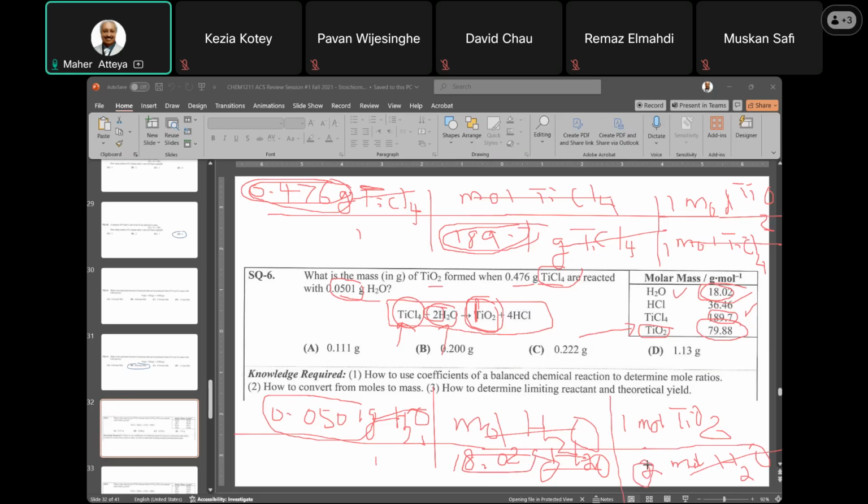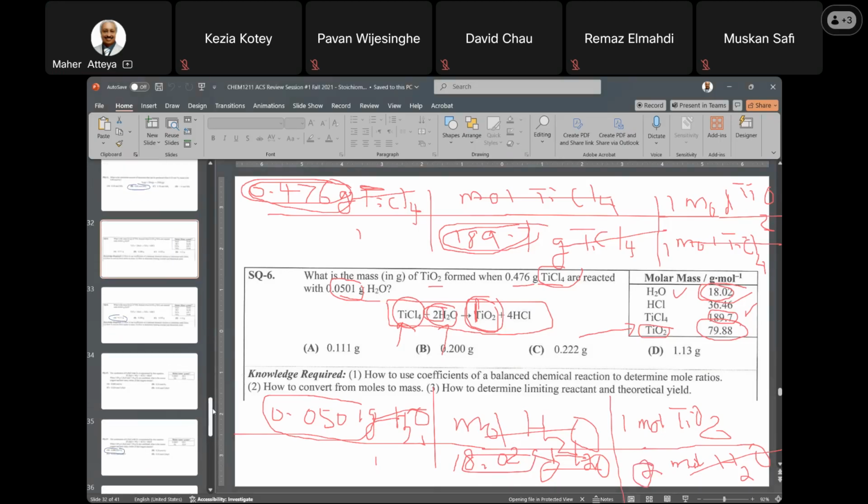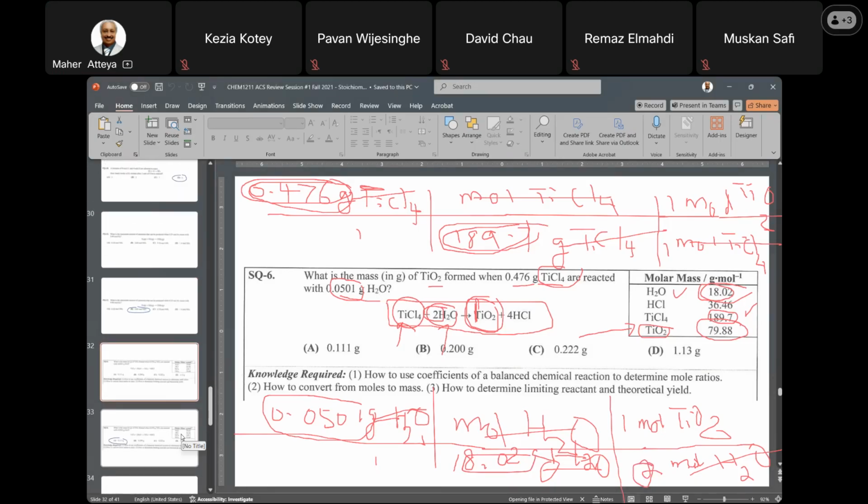So which one will be the least, you think? Look at the numbers here. You can calculate and tell me which one you have. Somebody will tell me which one. What's the answer here?